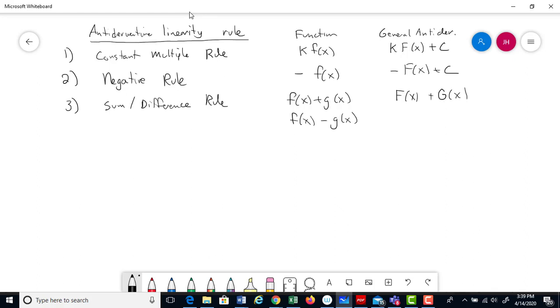To be honest, I don't think you really need a second one for difference, because if it works for the sum and it works for the negative, then it works for the subtraction. So it's not really necessary to redefine it, but they want to. So there we go. So sum rule, and then the difference rule.